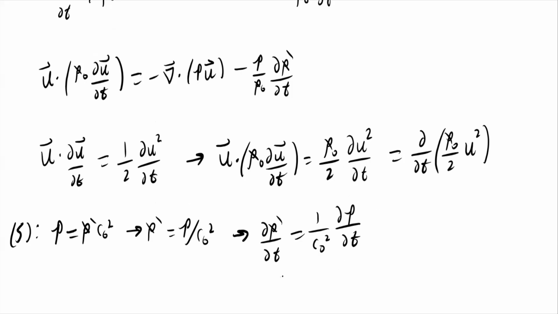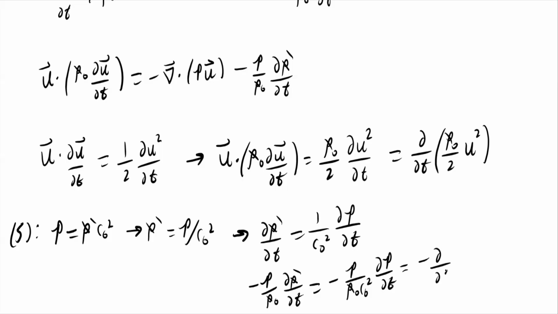Such that negative p over rho naught times d rho prime dt can be written as negative p over rho naught c naught squared dp dt, which, using the same trick as we did up here, since pressure is also time harmonic, we have negative d dt of 1/2 times p squared over rho naught c naught squared.